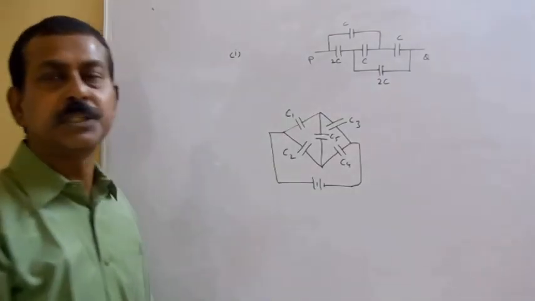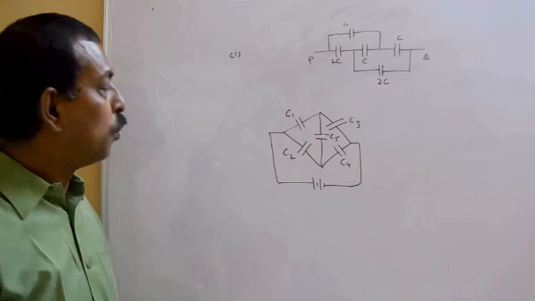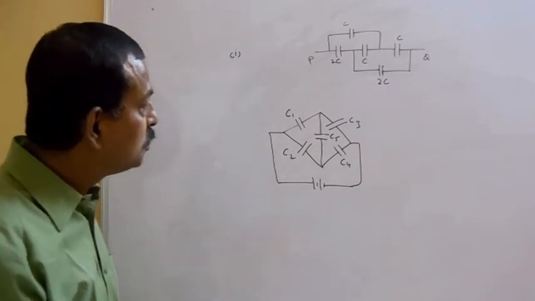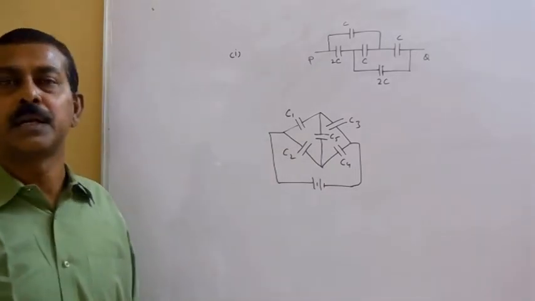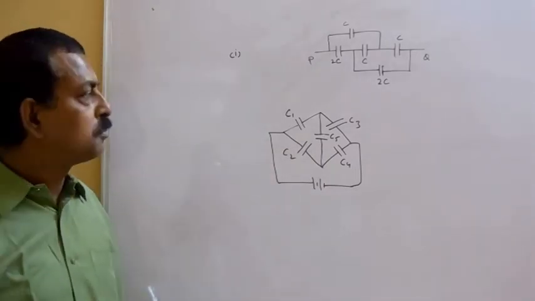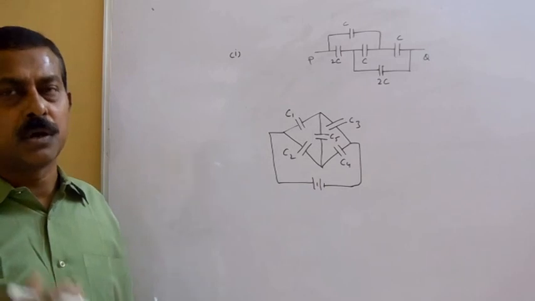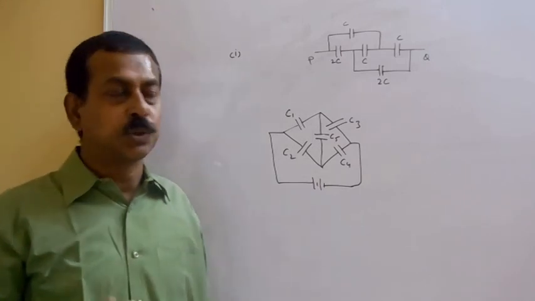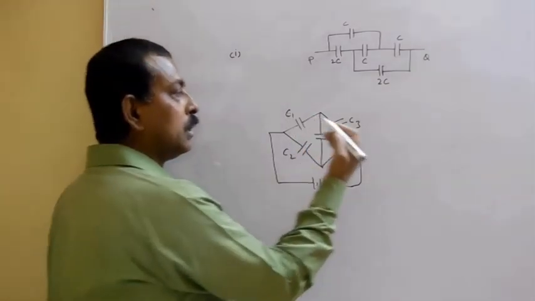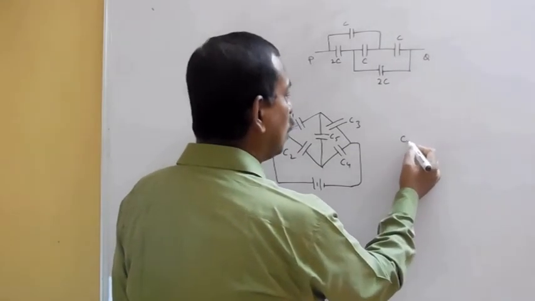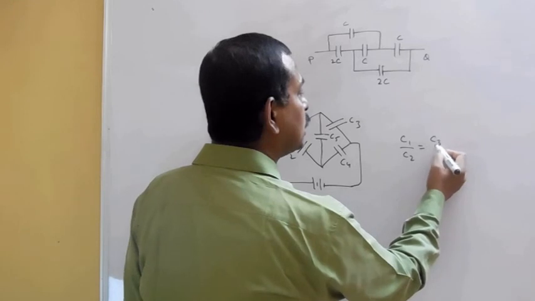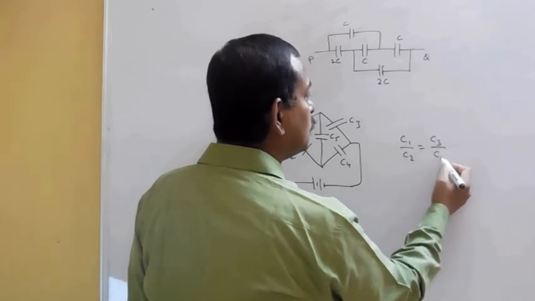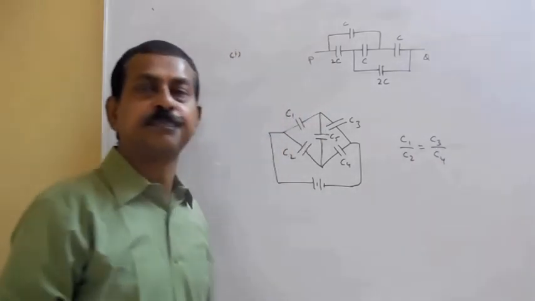This particular network is called a Wheatstone bridge arrangement, where none of these capacitors are directly in series or in parallel, except if the values become equal or have a specific ratio. We get a balanced condition when the C1 by C2 ratio is the same as the C3 by C4 ratio.